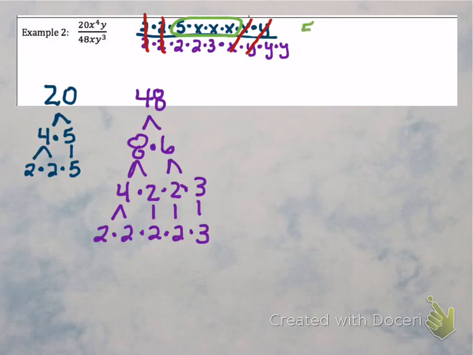So that gives me 5x to the 3rd. And in the denominator, I've got 2 times 2 times 3, so I will multiply that to simplify it back down. 2 times 2 is 4, times 3 is 12, so that gives me in the denominator a coefficient of 12. And then I have 2 factors of y left, and so that would be y squared. And so I've simplified that fraction.